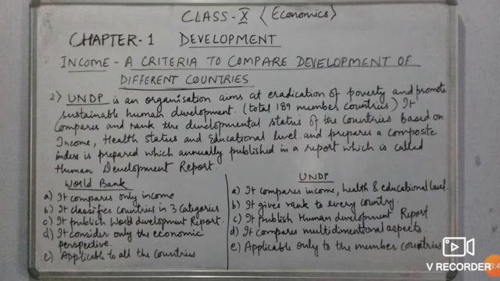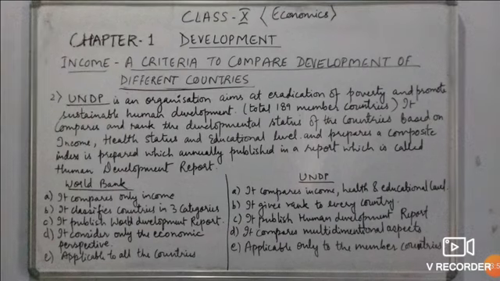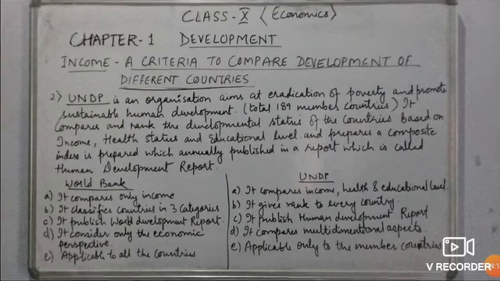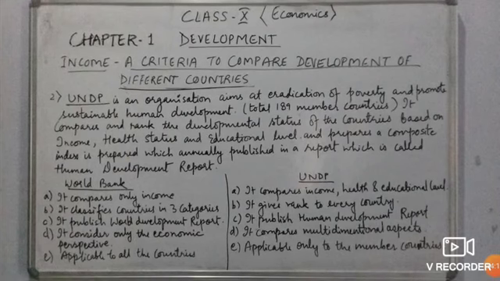Then World Bank publishes the World Development Report, whereas UNDP publishes the Human Development Report. World Bank considers only the economic aspect, whereas UNDP compares multidimensional aspects like health status, income, education level, etc. World Bank compares all the countries of the world, whereas UNDP compares the development of member countries, those who are members of this organization.